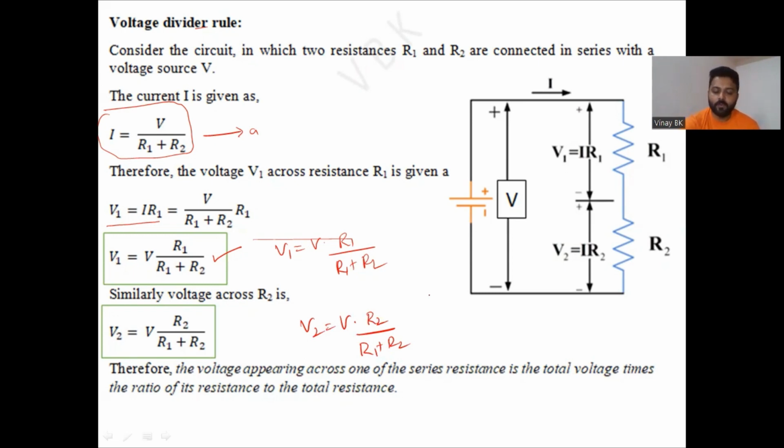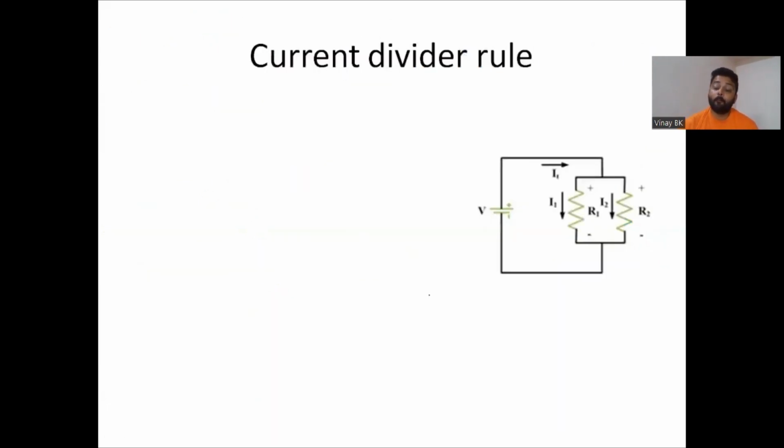Similarly, you have one more rule for parallel circuits, that is the current divider rule. If you want to know about the current divider rule, you should know the total current IT. The total current is dividing as I1 and I2. I1 flows through R1 and I2 flows through R2, and the total voltage is V. The voltage across R1 is V, and the voltage across R2 is also V, because it's a pure parallel combination circuit.